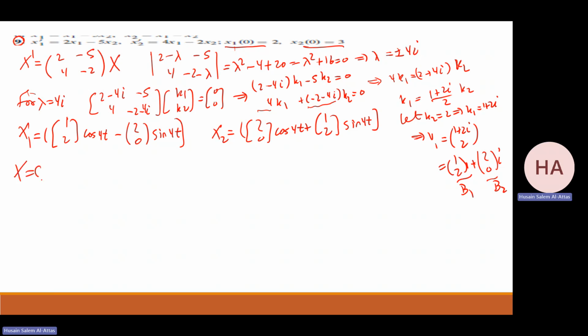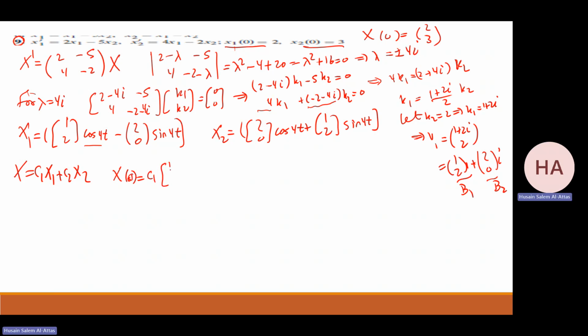What is my solution? C1 x1 plus C2 x2. Now I have x at 0 is 2, 3. So now x at 0, I just need the cosine, since sine 0 is 0. So no worries.